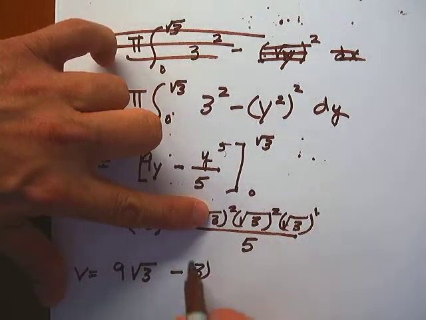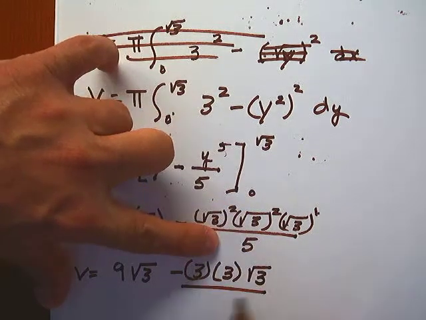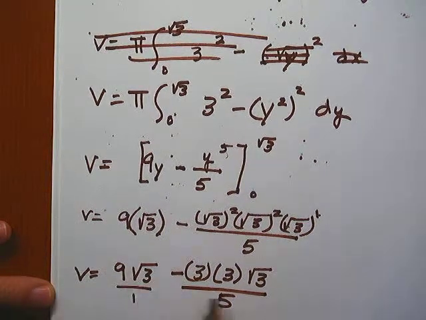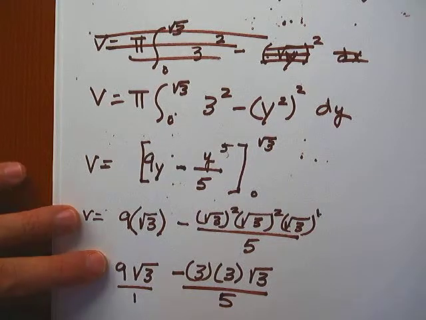So V is equal to 9 square root of 3 minus 3 times 3 times the square root of 3 over 5. Now we've got to get a common denominator.